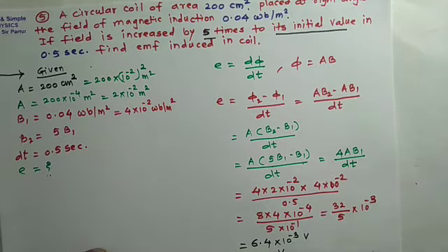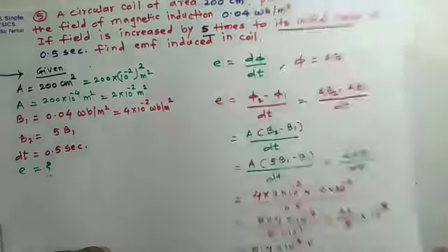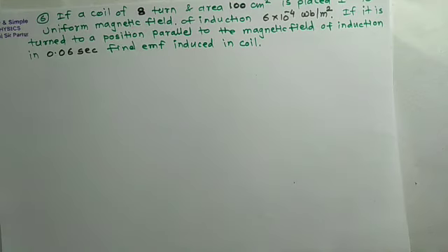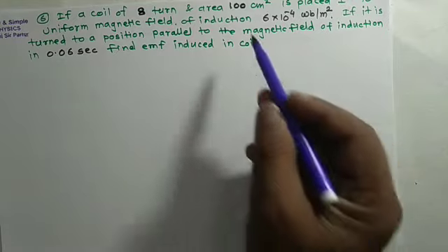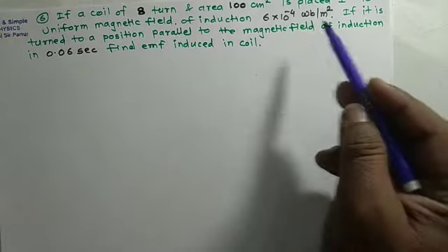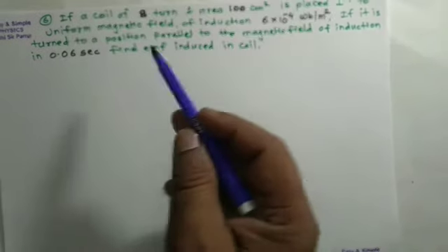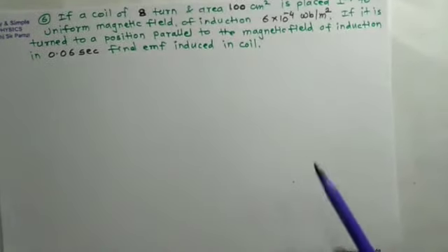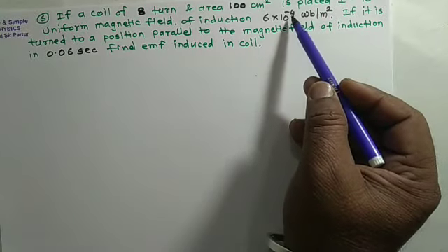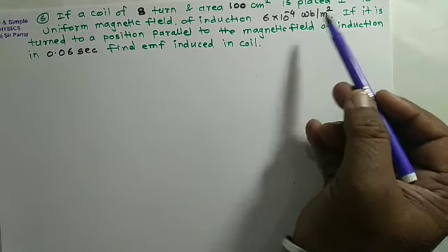Again, let us see another problem. A coil of 8 turns, having area 100 centimeter square, is placed perpendicular to a uniform magnetic field induction of 6 into 10 to the power minus 4 Weber per meter square.